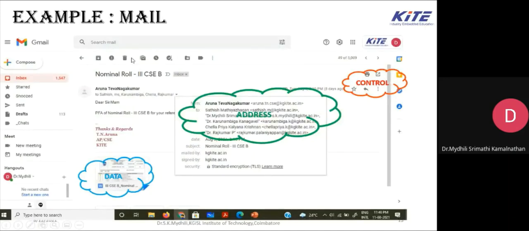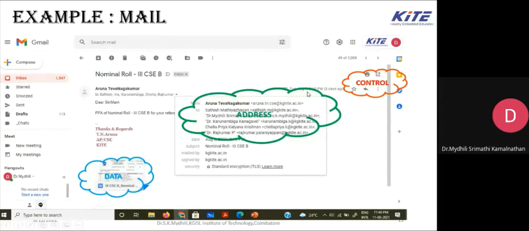Whereas here you could see the example through the mail. Okay, so what is it? Here you could see an email which is delivered from one person to all these fellow members.